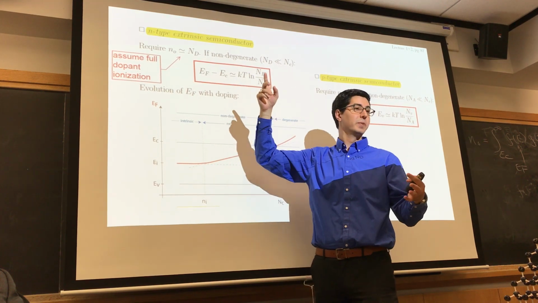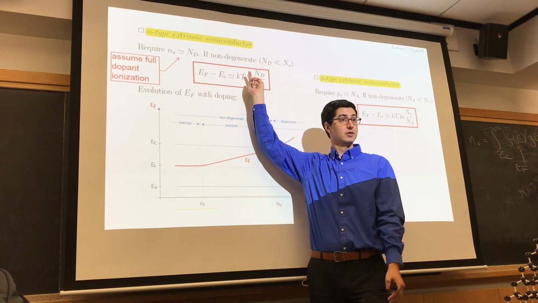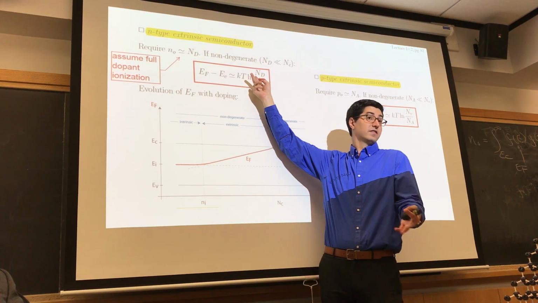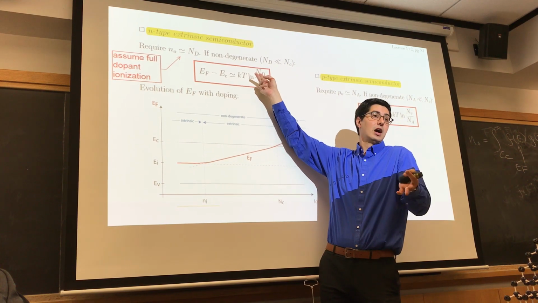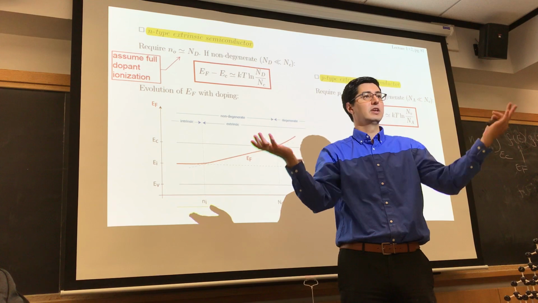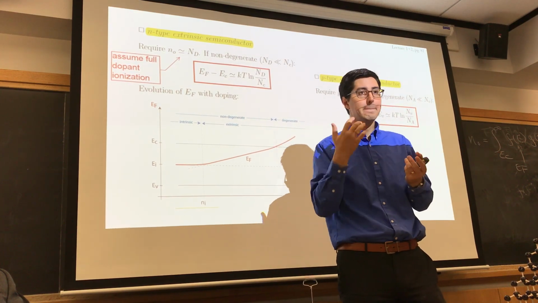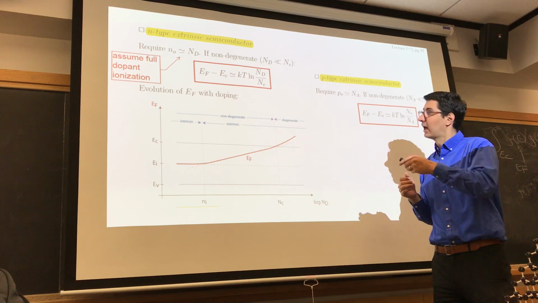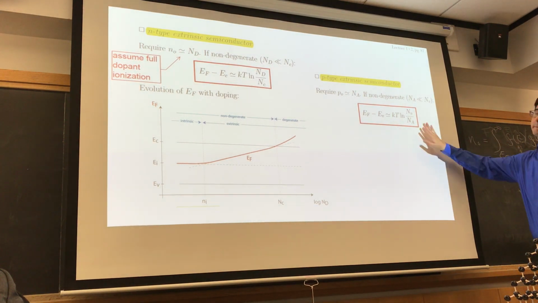Well, if I put in some doping, what is n₀ equal to? It's just equal to my doping concentration. But I'm just saying, this is under the assumption that n₀ equals N_D. If I put in some known amount of doping, and that's higher than nᵢ, then my electron concentration is going to be N_D. Okay, not a different equation, just a manipulation of the equation we already have. Same thing here.